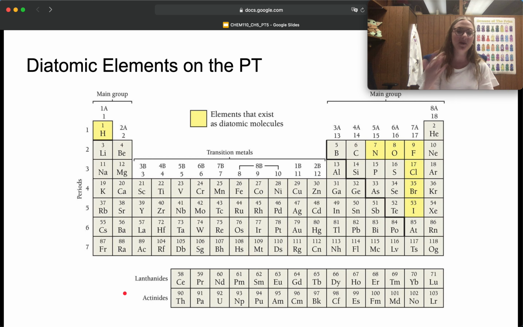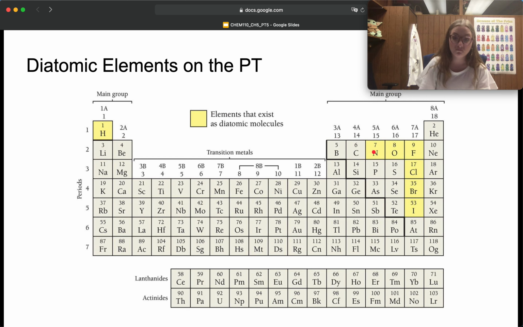Some people also like to remember it using the periodic table. There are 7 diatomic elements, and they make mostly a little 7 on the periodic table. So that corner with fluorine, you have oxygen and nitrogen, then you have chlorine, bromine, iodine, and of course hydrogen's always the exception, so duh, hydrogen, right?